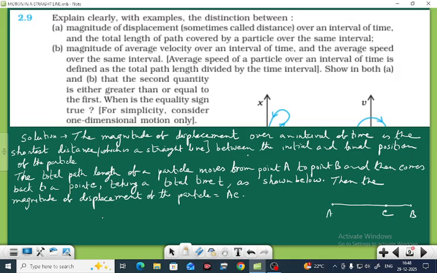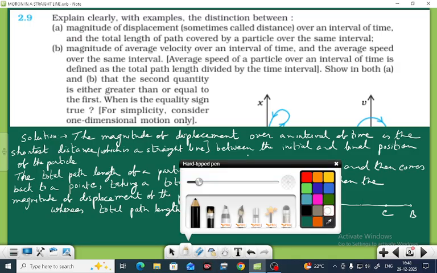Whereas the total path length is equal to AB plus BC. This is the total path length.